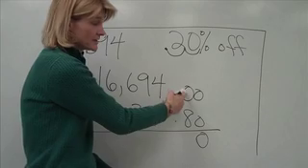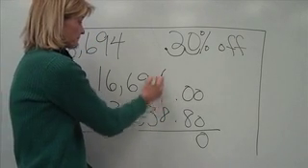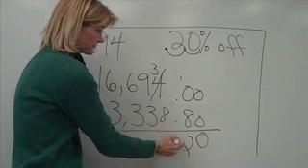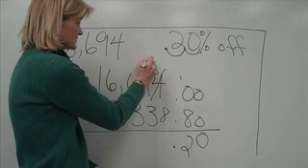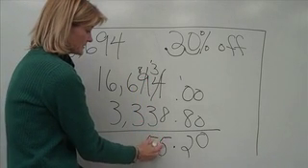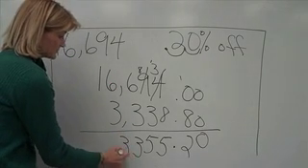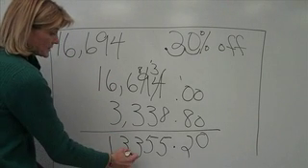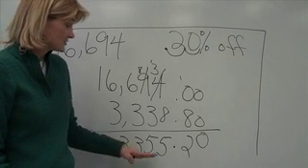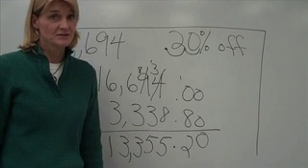We can't just say 0 minus 8 is 8. That's not right. We're going to have to come over here and borrow. That's 3. 10 minus 8 is 2. Decimal point. We'll have to borrow again from here. 13 minus 8 is 5. 8 minus 3 is 5. 6 minus 3 is 3. 6 minus 3 is 3. And the 1. So now the sale price of the truck is $13,355.20.